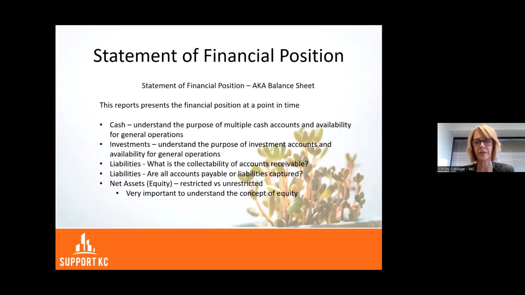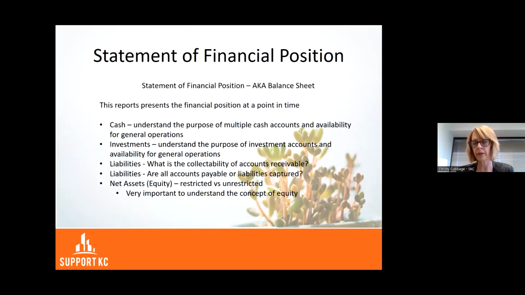It's a position statement. As of this day, here's how much cash we have in the bank. As of this day, here's what our investments are worth. As of this day, this is what fixed assets we have. We have a building. So if tomorrow you sold the building and I presented a financial statement today, it would look completely different.